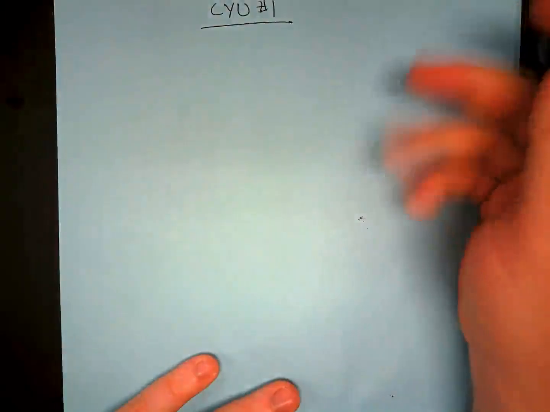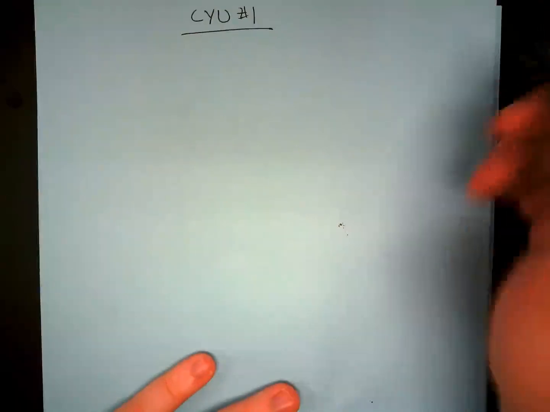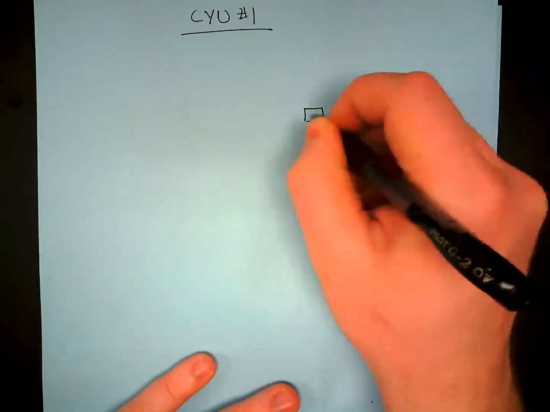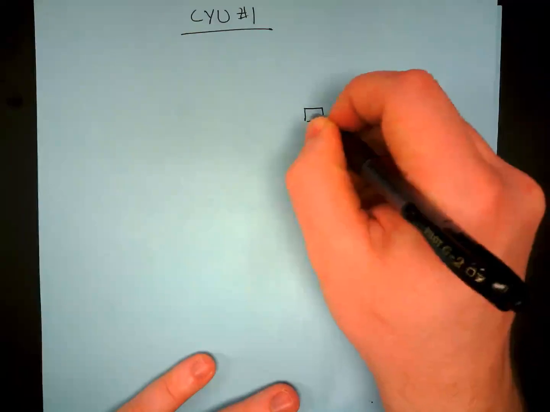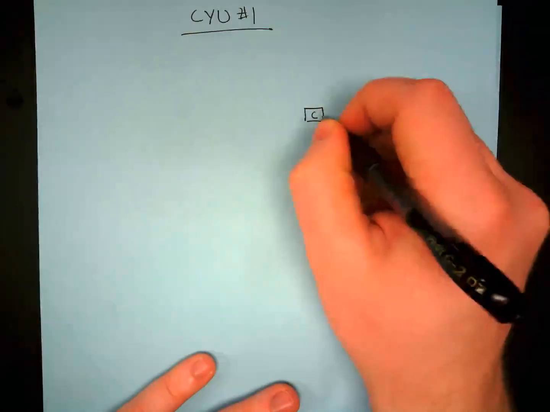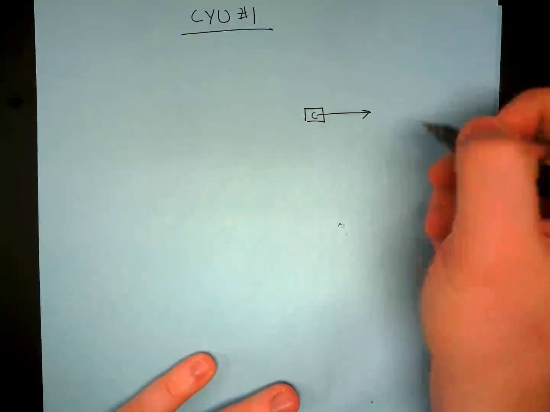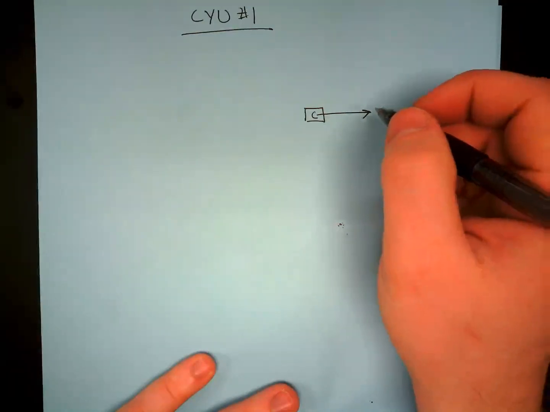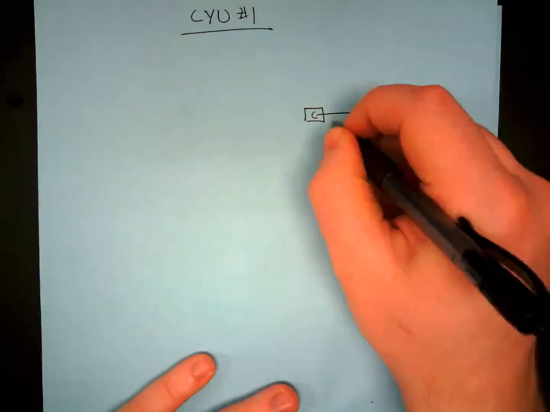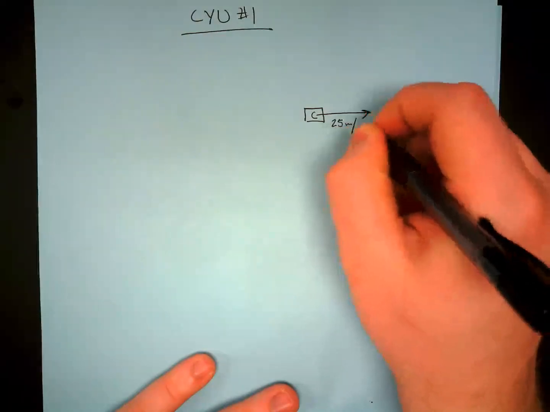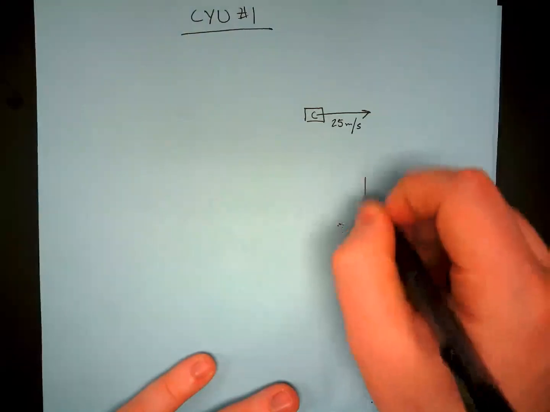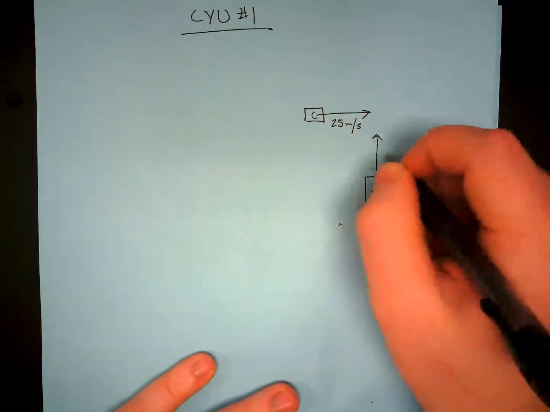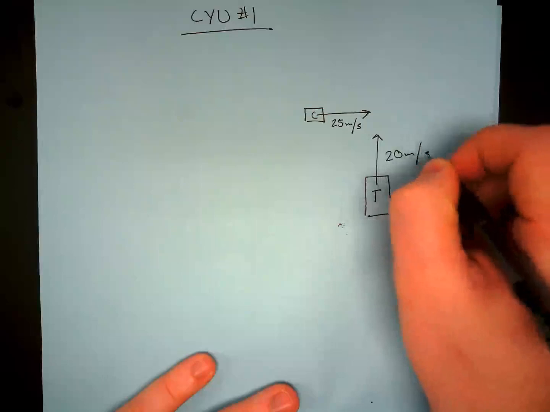So I'm going to first draw out what we're looking at here. We have a car, and I'll put a C here for car. We've got this guy moving across at a rate of 25 meters per second. And then we've got a big old truck here that's moving at a rate of 20 meters per second.